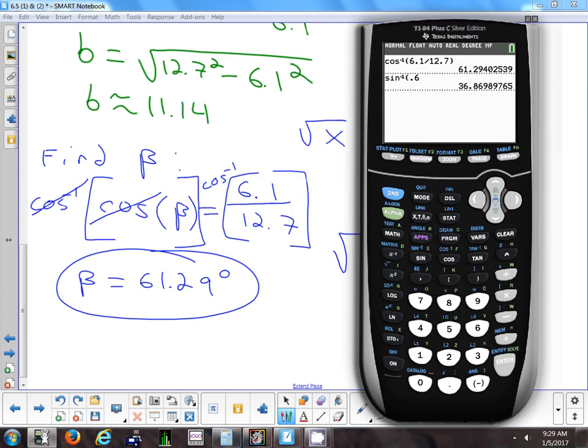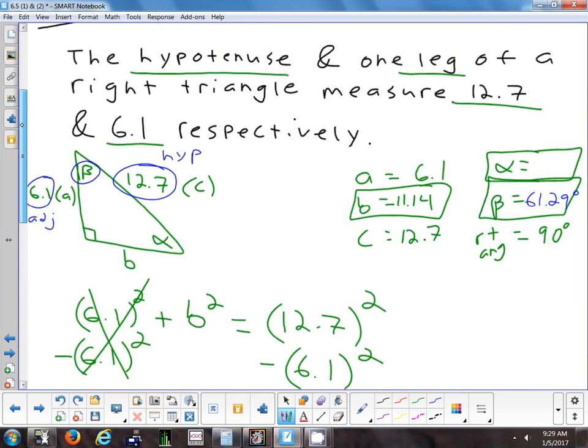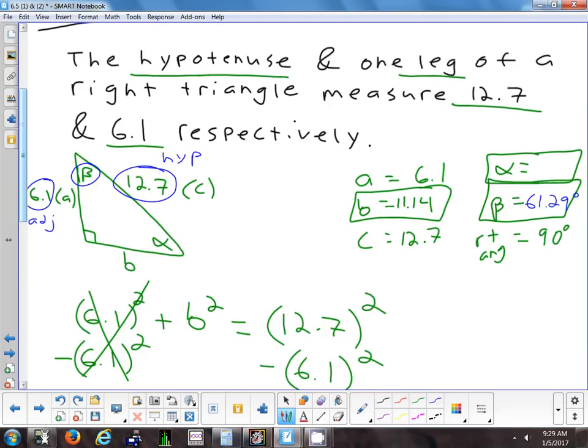Let's get alpha. I want to find alpha. I'm going to go back to the two sides that were given. What trig function am I going to use this time?